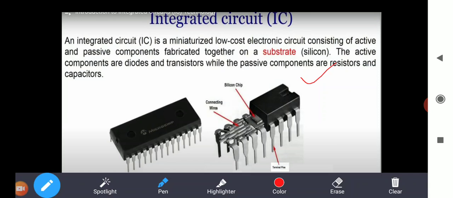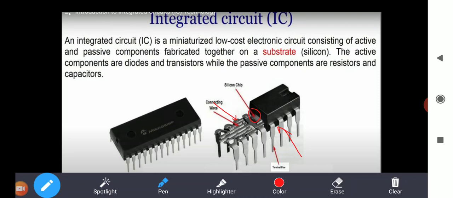Now if you see here, this is the silicon chip, a small silicon chip, and these are all the interconnections, the connecting wires. And these are all terminal pins. This is the actual chip area. This is the silicon chip.